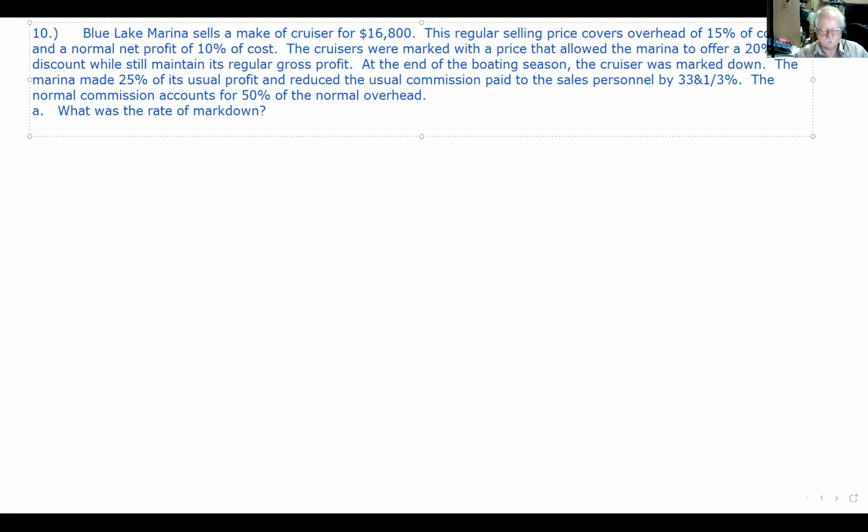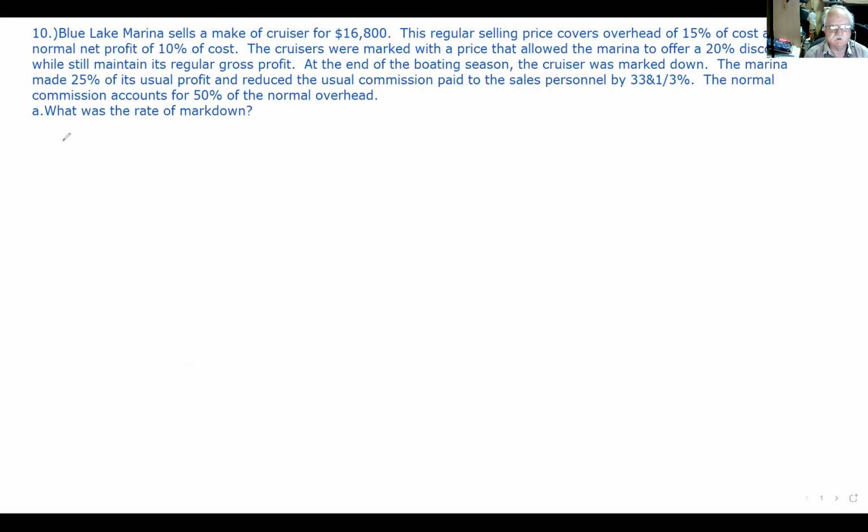Blue Lake Marina sells a make of cruiser for $16,800. So again, they've been very straightforward and told us the selling price. This is their selling price.